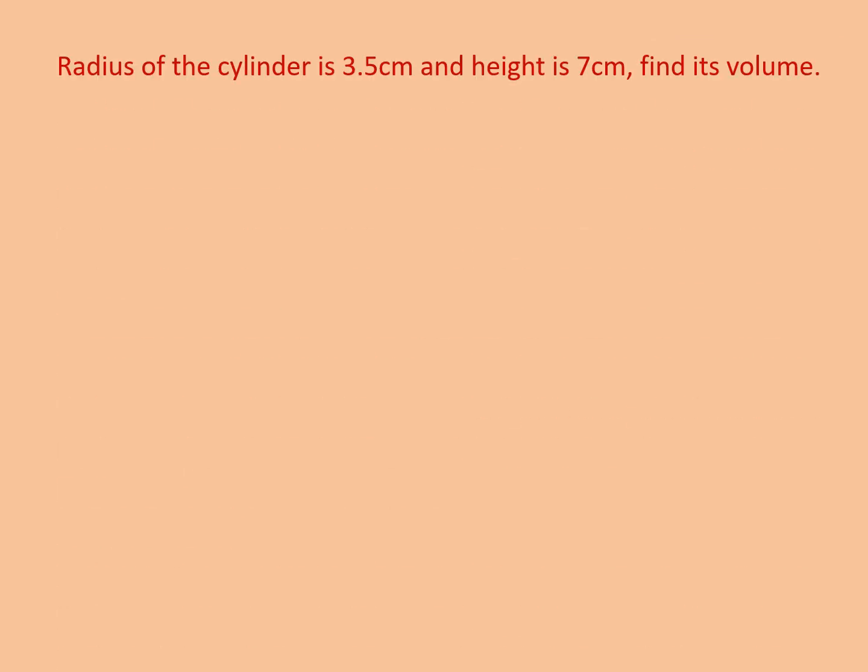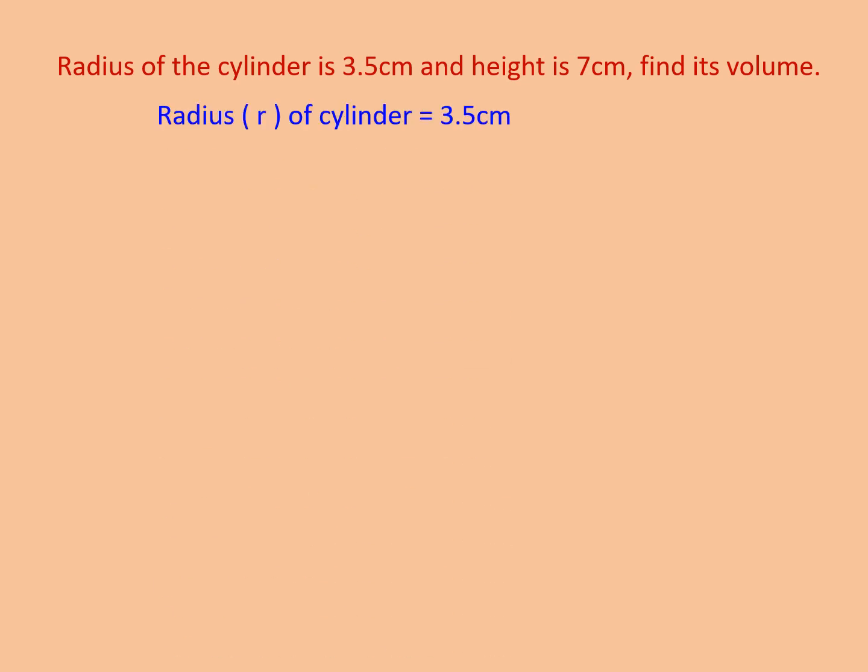So let us see an example of how to find the volume of a cylinder. The radius of the cylinder is given as 3.5 centimeter and the height is 7 centimeter; find its volume.